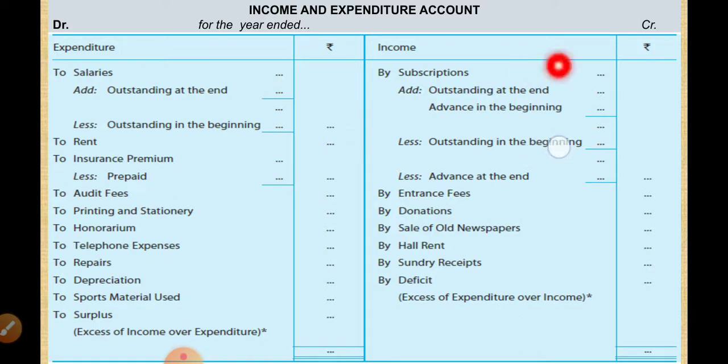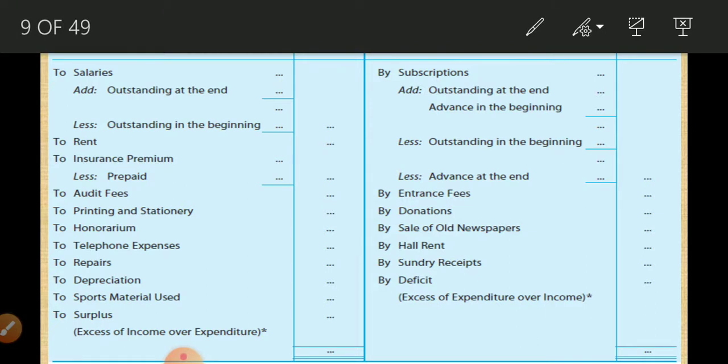In the beginning of the year, if you have any subscription outstanding, it is actually subscription outstanding belonging to previous year, which is paid in the current year. As per accrual concept, this doesn't belong to current year's income. It is previous year's income, even though cash is received in the current year. So, this has to be subtracted.